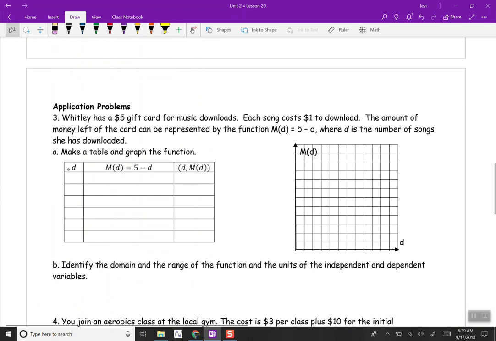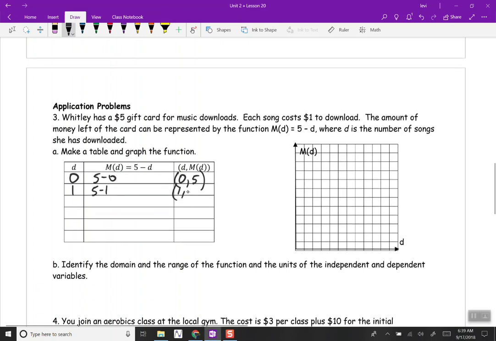So D, if she's downloaded 0 songs, then it's going to be 5 minus 0, which would be 5, so the point (0, 5). If she's downloaded 1 song, it would be 5 minus 1, which would be 4, so (1, 4). 2 songs would be 5 minus 2, which would be 3, so (2, 3). 3 songs would be 5 minus 3, which would be 2, so (3, 2). 4 songs would be 5 minus 4, which would be 1, so (4, 1).